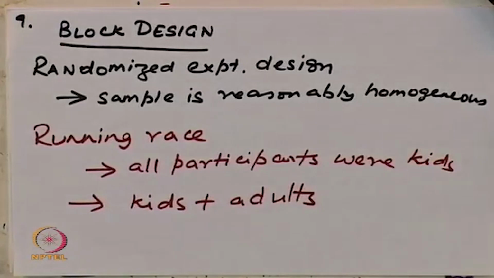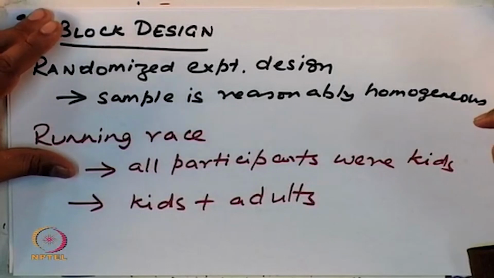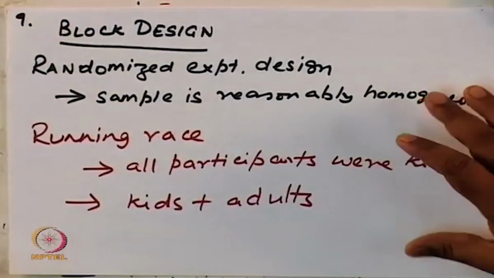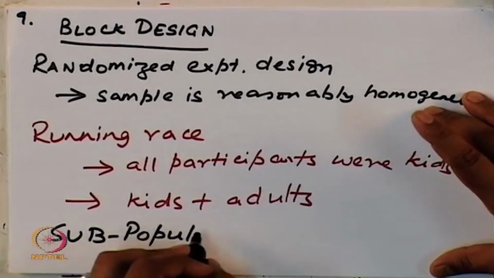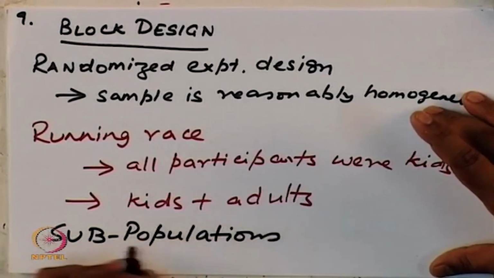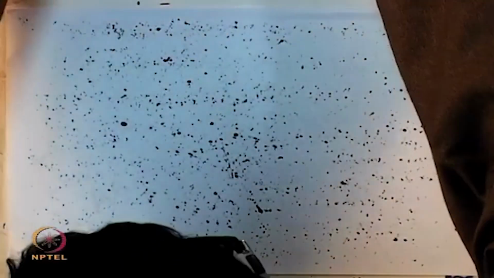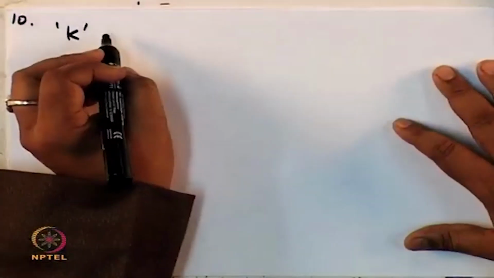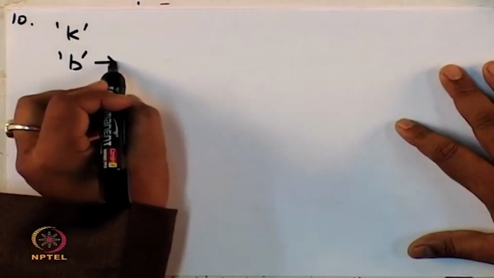So this is what the aim of randomized block design is, to take into account that you have various subpopulations in your main population. In randomized block design, you have k treatments, and your entire population is divided into b blocks.